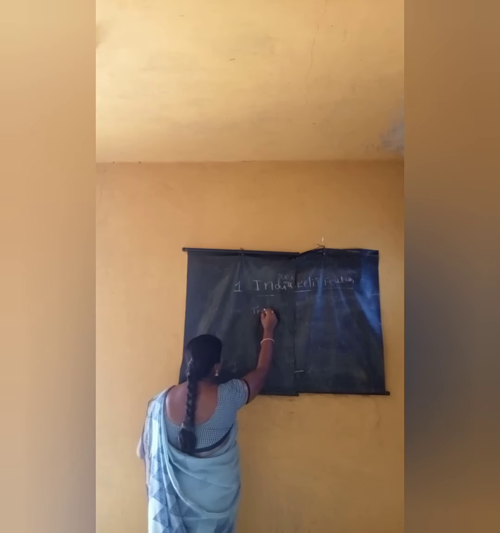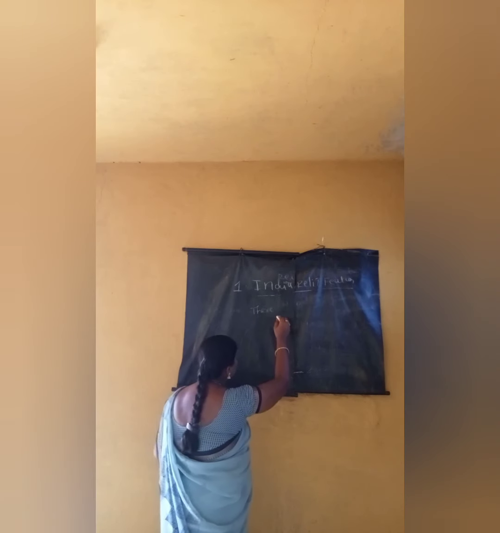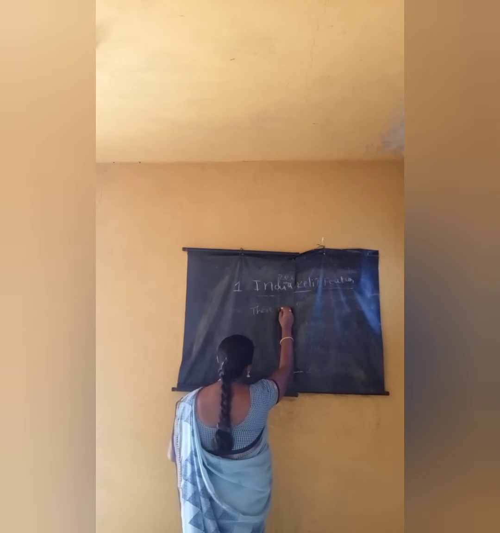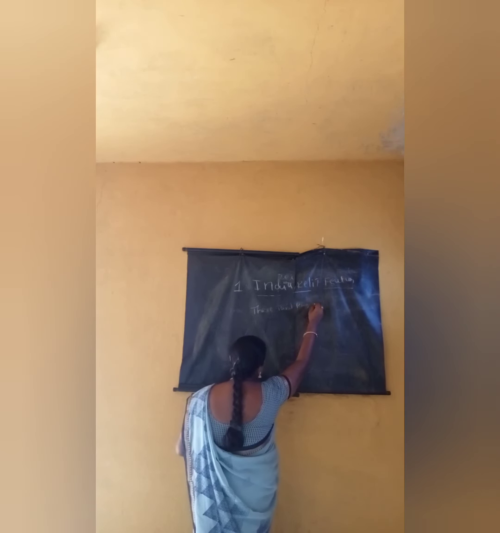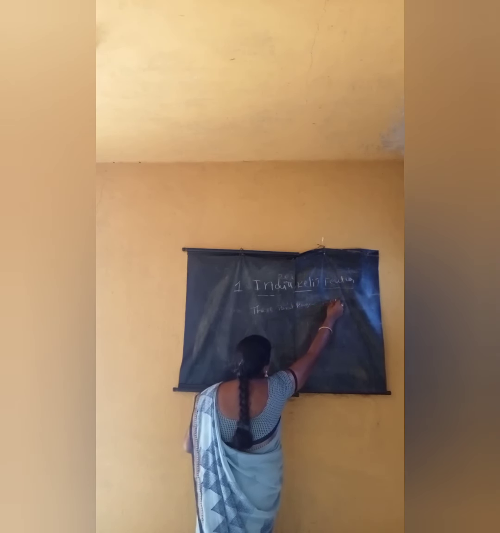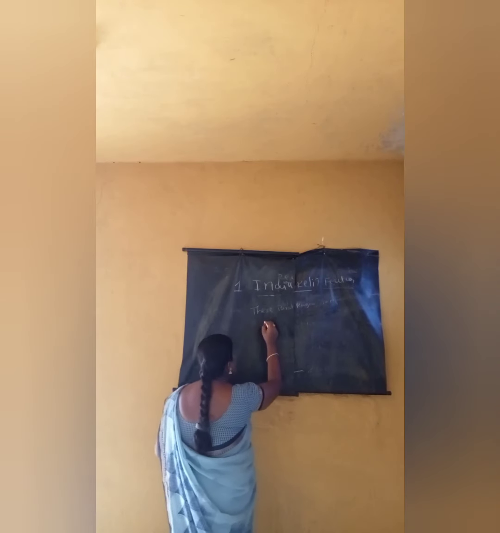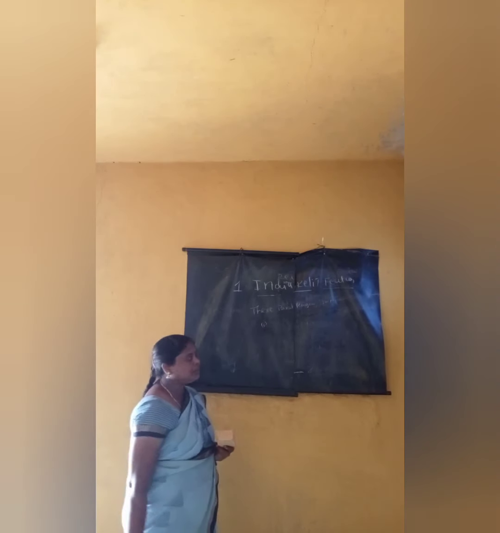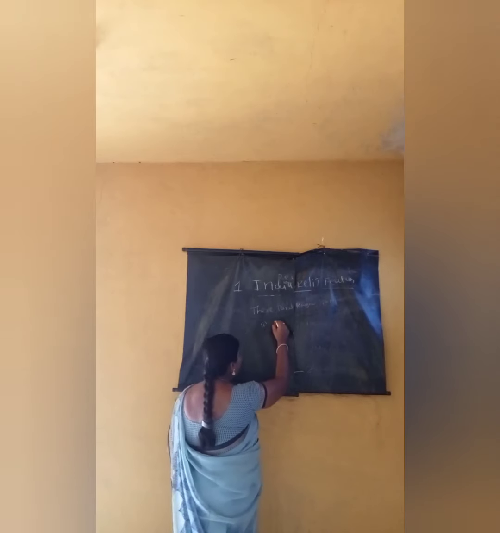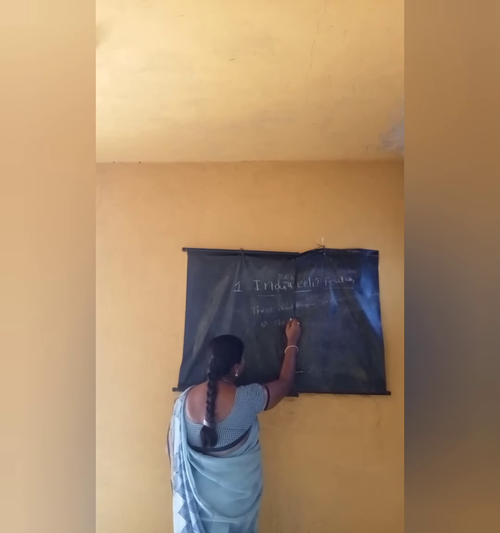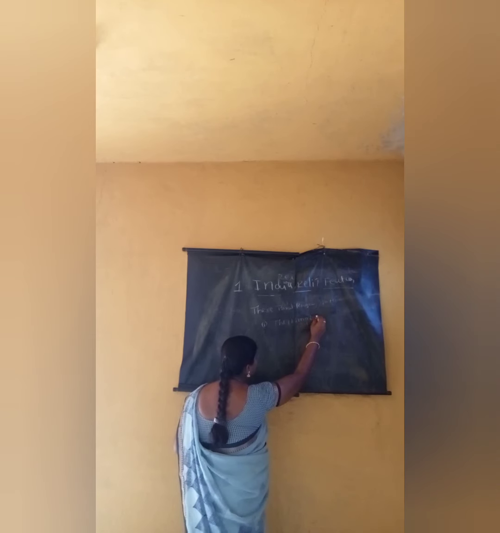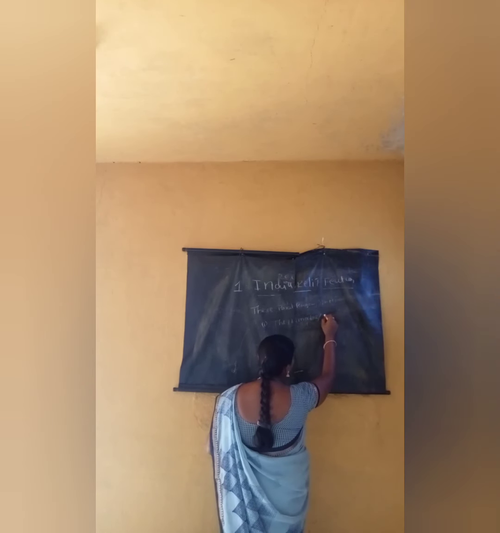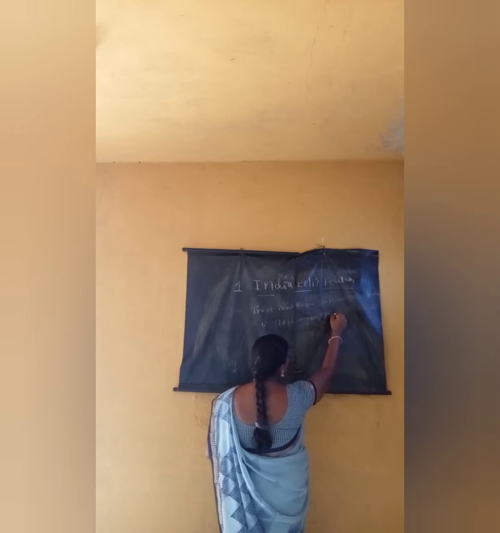The three parallel ranges in the Himalayas. Number 1, the Himadri or the Greater Himalayas.